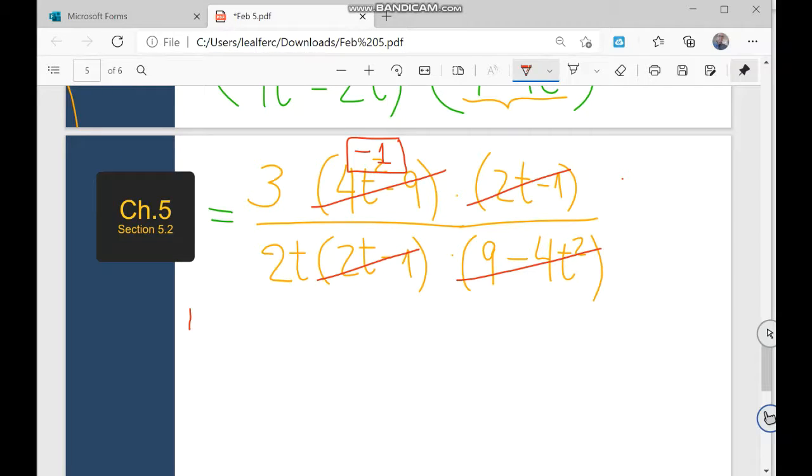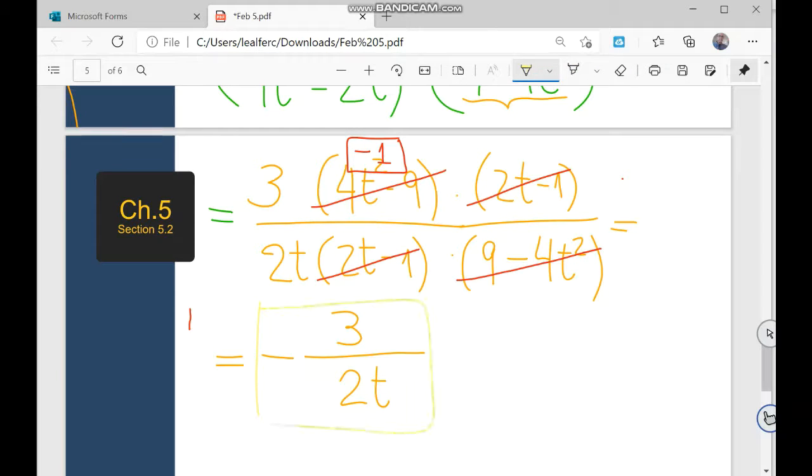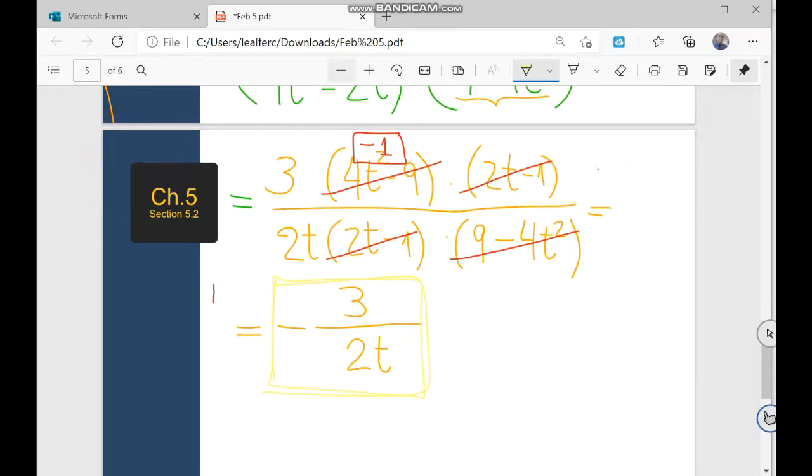Okay? So what's remaining from the whole thing? What's remaining is 3, -3, because we have a -1, -3 over 2t. Okay, and let me show the whole thing that we have done.